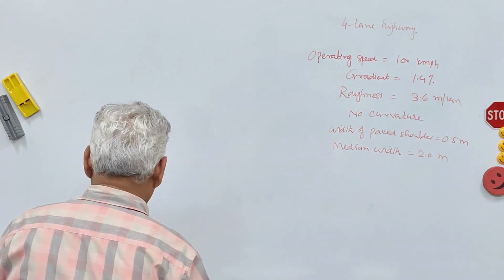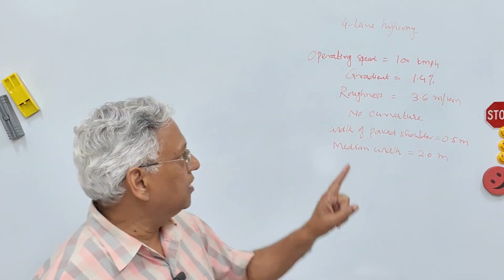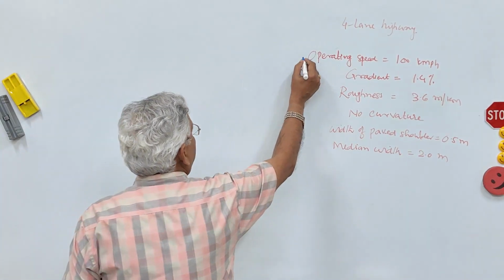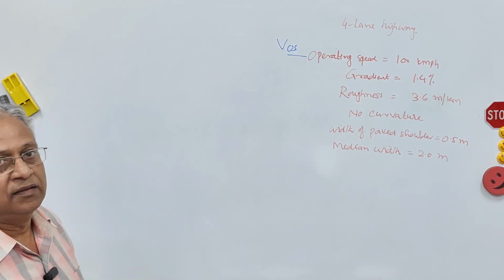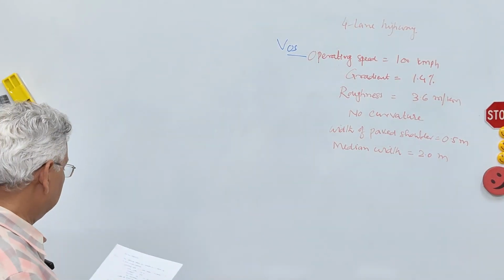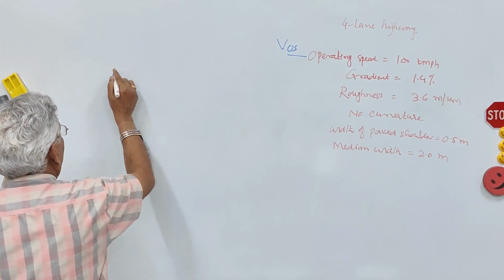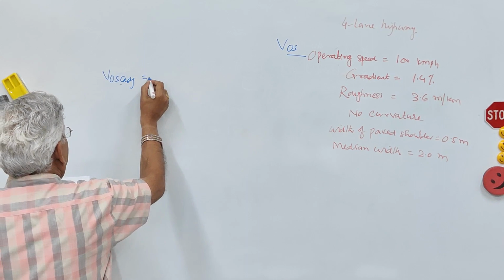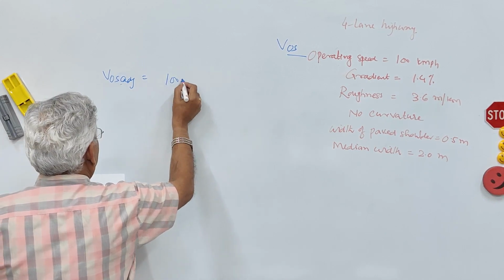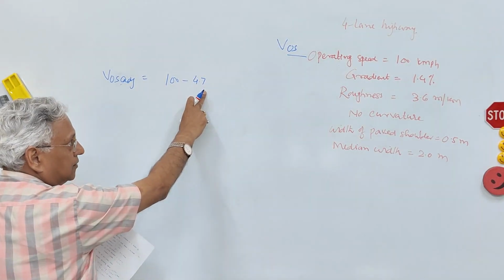So the first step is to determine the operating speed. Operating speed is given, that is your VOS under base condition, 100 km per hour. Now this operating speed is adjusted for curvature and gradient. So VOS adjusted is 100 minus 4.7 into IRI.